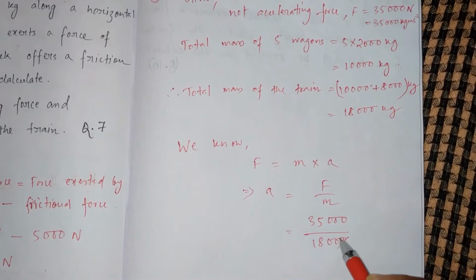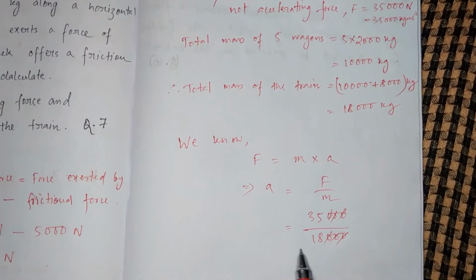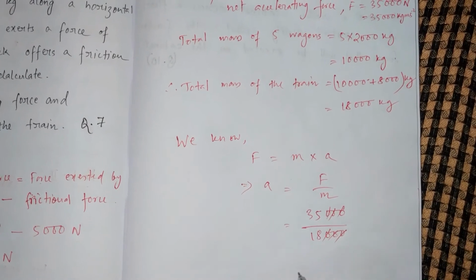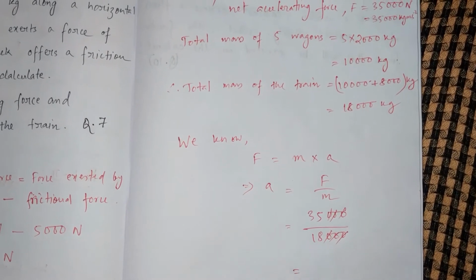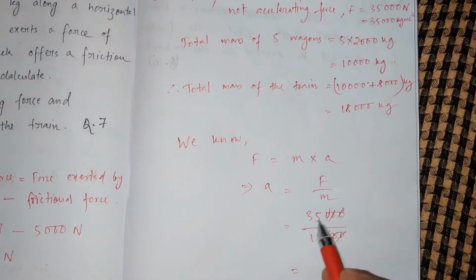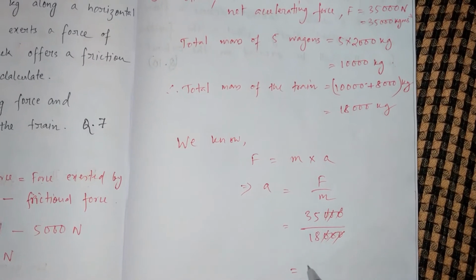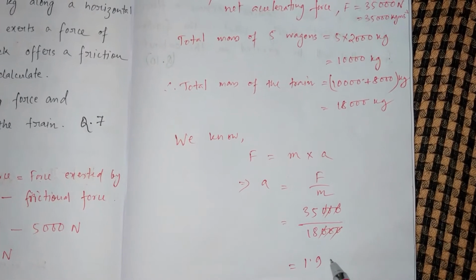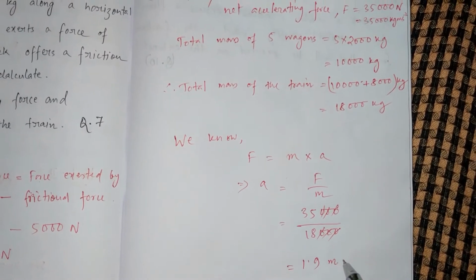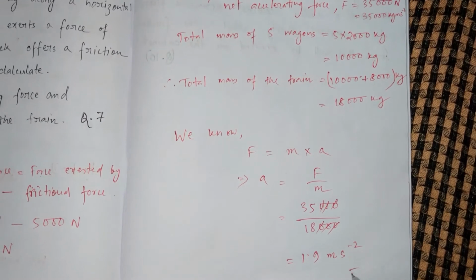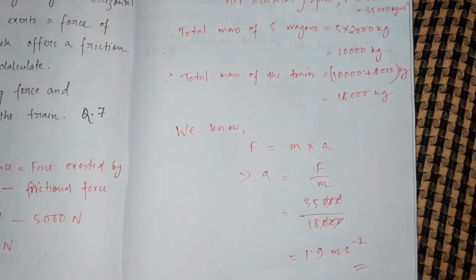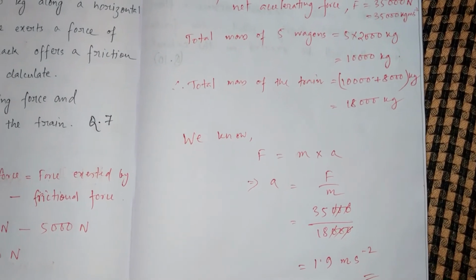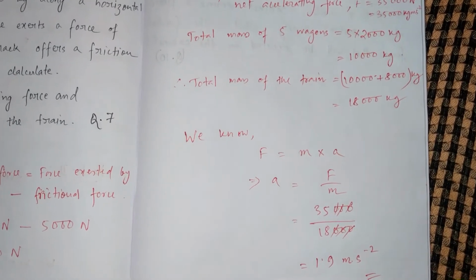So we'll cut these zeros. So if you divide it, then you will find 18 2s are 36. So we'll write 1.9 meter per second square. So this will be the solution of the second part of this question. So let's see the next question, students.